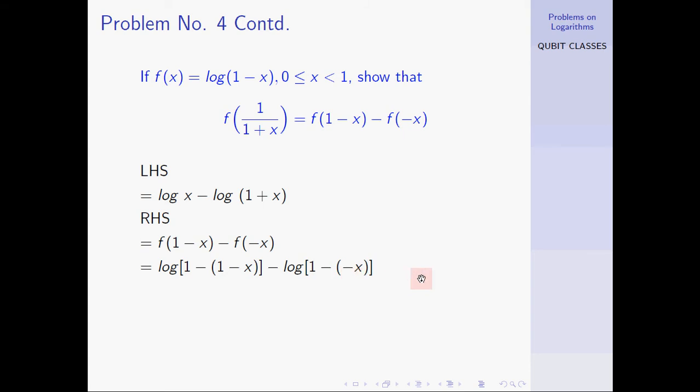On simplifying this, we will get log of x minus log of 1 plus x, which is equal to the simplified LHS. Hence we have successfully shown that the left hand side is equal to the right hand side and its value is log of x minus log of 1 plus x.